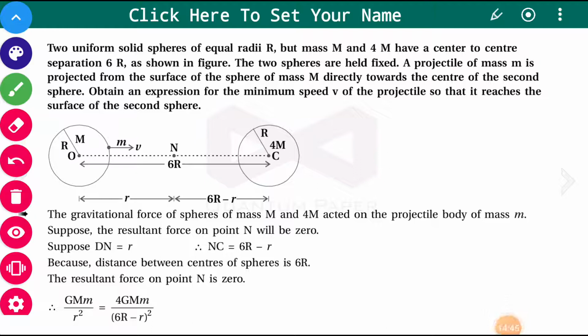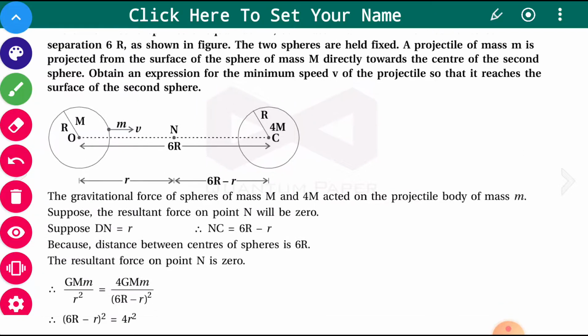Now, 2 uniform solid spheres. This is example number 8.4, which are having equal radii r but mass m and 4m, and have a center to center separation of 6 times r, which is given in the figure. The two spheres are held fixed.